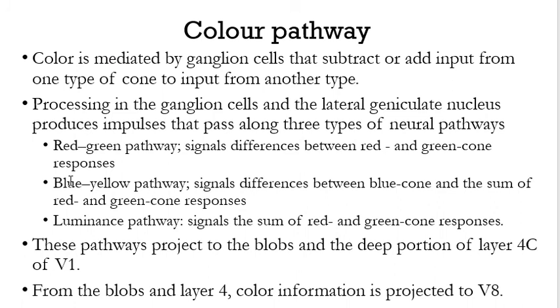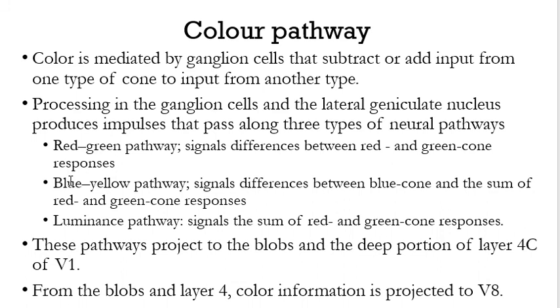So color is mediated by ganglion cells, and these subtract or add inputs from the cones. So you have the three cones being stimulated, and then at the end of the day they all have to go to the ganglion cell, and the ganglion cell itself has the ability to inhibit and disinhibit until you get the proper color that is being seen.